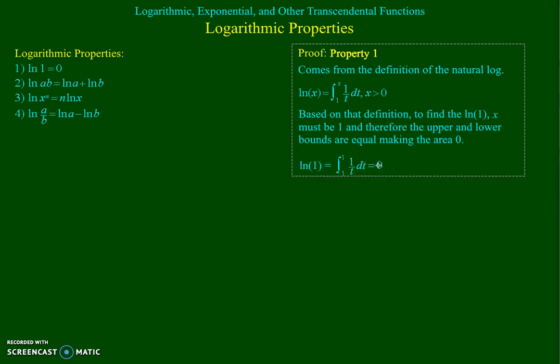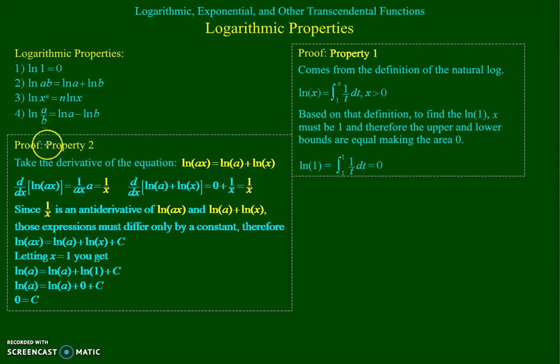Now let's go ahead and look at the second property. Here the property states that the natural log of some value a times b is equal to the natural log of a plus the natural log of b. In order to determine where this comes from, we're going to consider the derivatives of both sides of this equation. Let's take this one piece at a time.